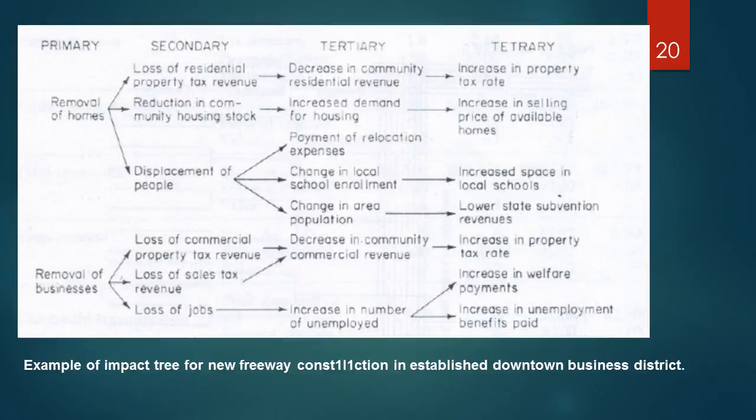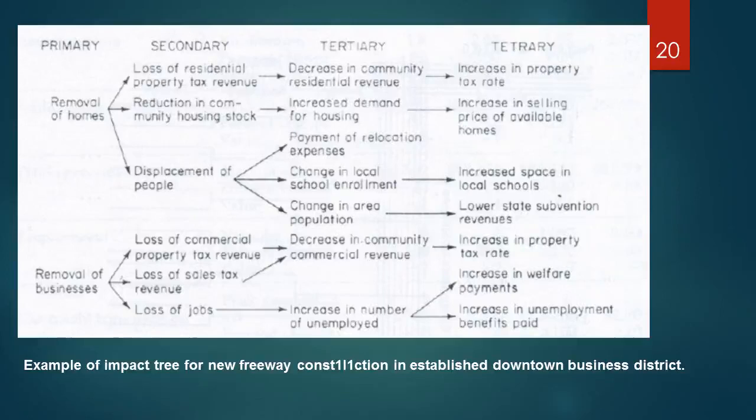change in local school enrollment that resulted in increased space in local schools, and the change in area population that resulted in lower state subvention revenues.